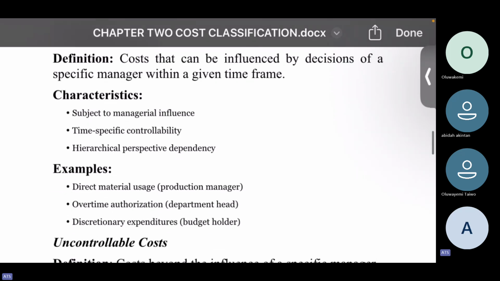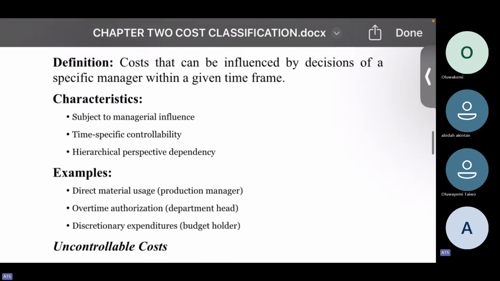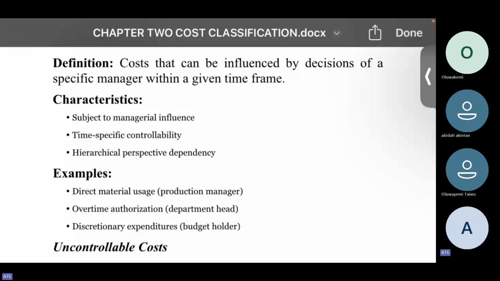Now examples of them are, take for instance, overtime. Let's say you normally use 10 hours to produce a certain number of items in a day.